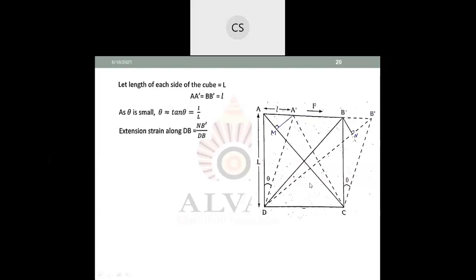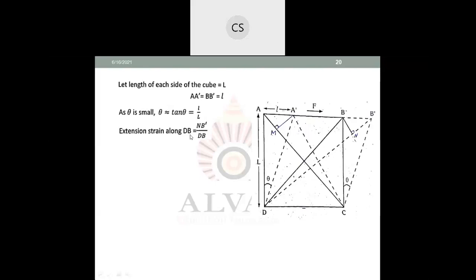Now, the extension strain along DB. When you apply force in this direction, this diagonal is extended. That means that diagonal is strained. So that diagonal strain can be called extension strain.